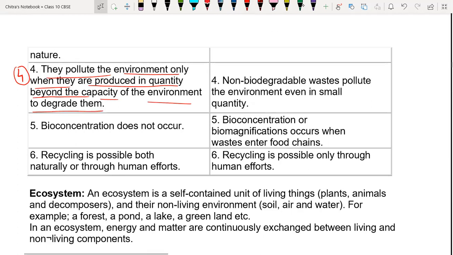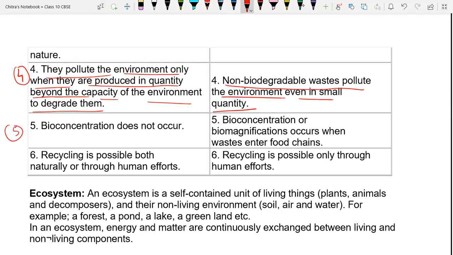If biodegradable waste is generated from a big city, it may cause environmental pollution during the decomposition process only. But non-biodegradable waste pollutes the environment even in small quantity.